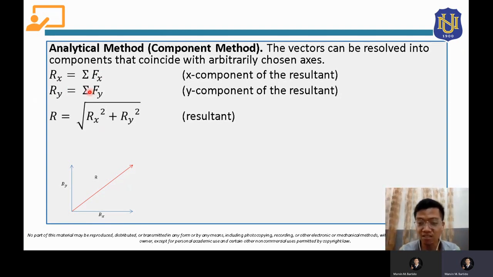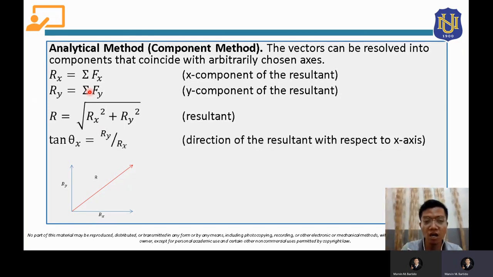So it is important here, class, that you know how to solve vertical and horizontal components of forces. So we're going to talk about that on the succeeding slides, and also for summation.